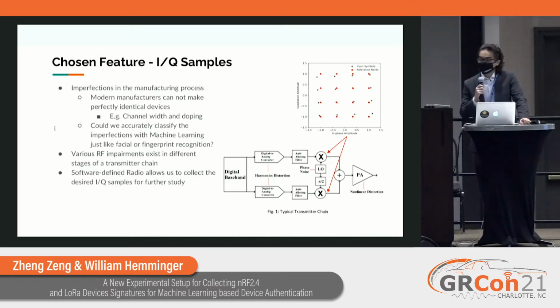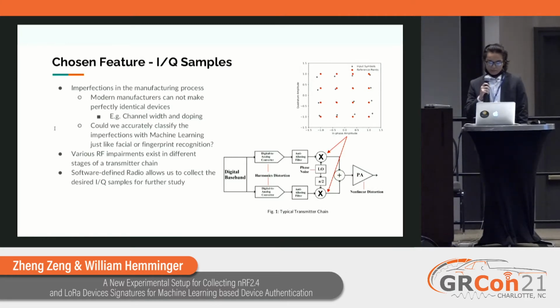The imperfect manufacturing process leaves non-forgeable features in the IQ samples. No perfectly identical ICs can be made even with modern manufacturing technology. The question is, could we classify them?